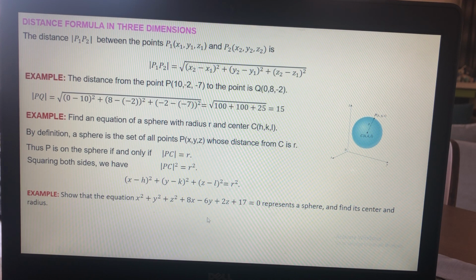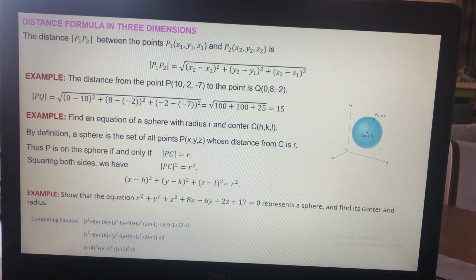Let's complete the square for the x term, which is x squared plus 8x. If I add 16 here, this will be exactly (x plus 4) squared. You are adding (b over 2a) squared to make this x term into a complete square.